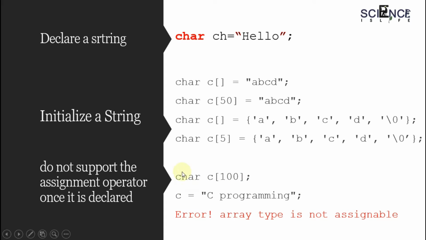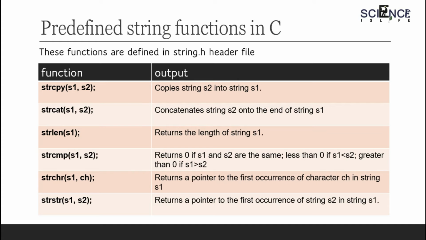I am creating a char array named C, then I am going to assign values into my C later, like this. We can't do this because it will produce an error message, right? Because arrays and strings are second class citizens in C, they do not support the assignment operator once declared. After the declaration, we can't assign it later, right? So that is the thing.